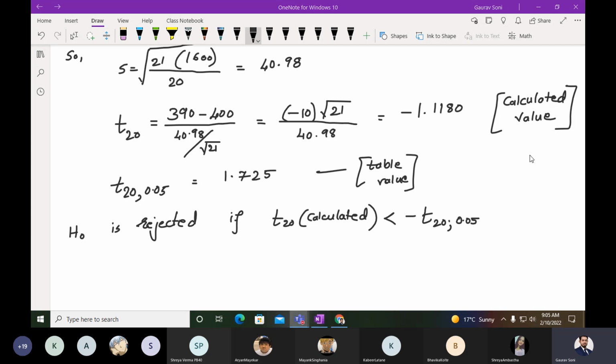This is the stable one. Note that in the table there are positive ones, so that is minus 1.725, right? This value. This is minus 1.1180.